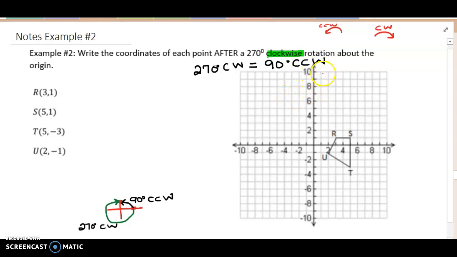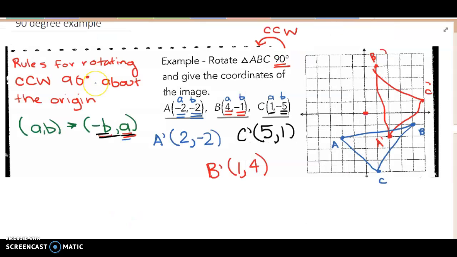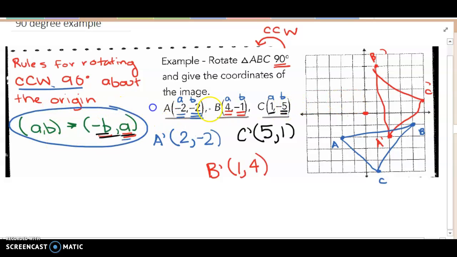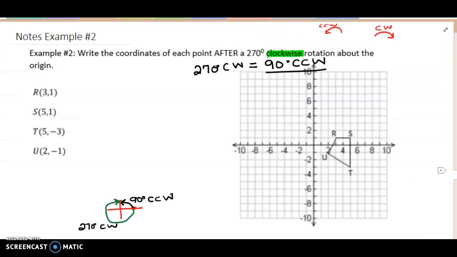Now all you have to do is go back to your foldable, where we have a rule for 90 degrees counterclockwise. Find the rule for a 90 degrees counterclockwise rotation. The rule per our foldable that we've already done is (a, b) goes to (negative b, a).